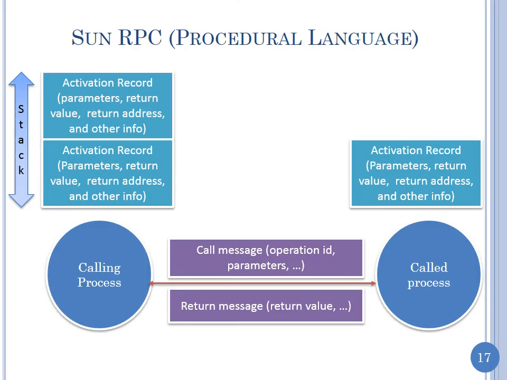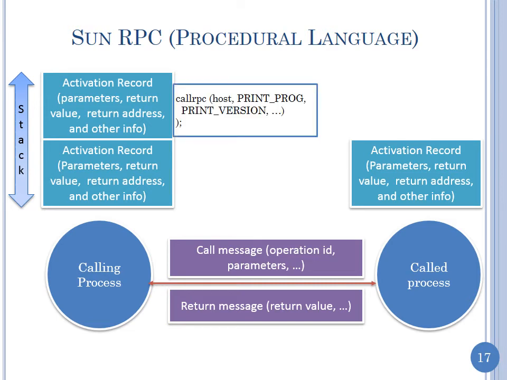So let's try to understand this marshalling through examples. When I do a call RPC in Sun RPC, that's really a library routine, and that is my local proxy call. That is what I pushed on top of the caller's activation procedure, and that went and sent the data across through other calls, perhaps.